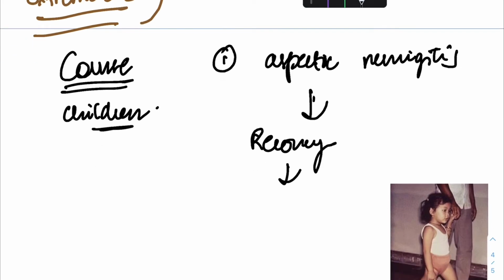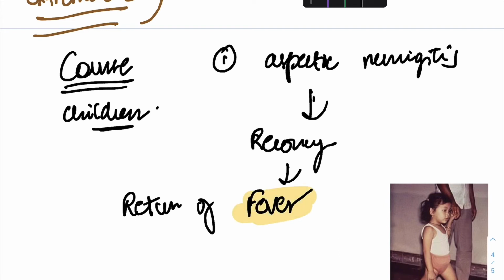The joints will start to recover, he is going to get his mobility back, he is going to feel all right, but then again the fever is going to return. So the fever will return along with the paralysis.